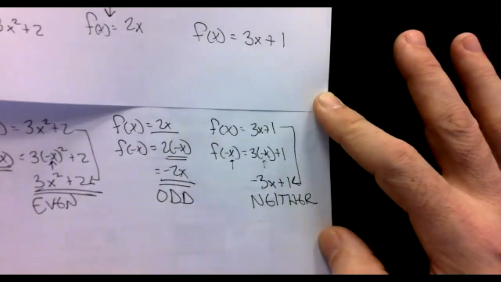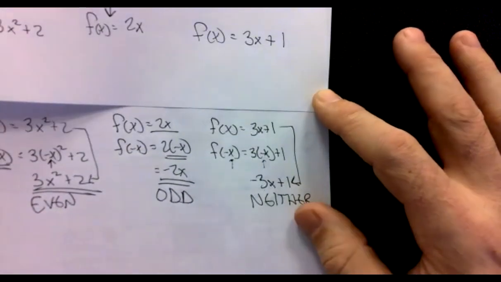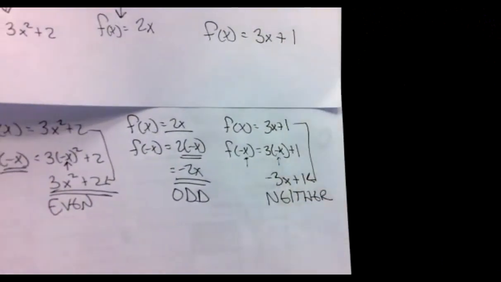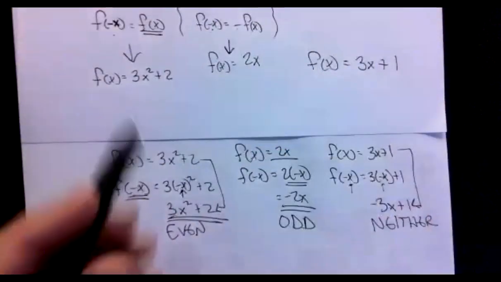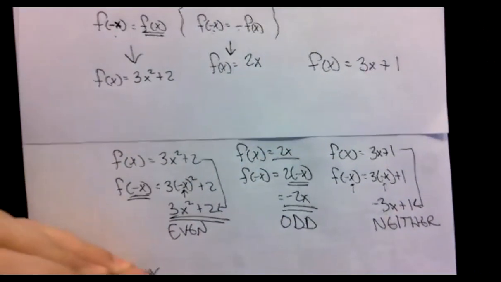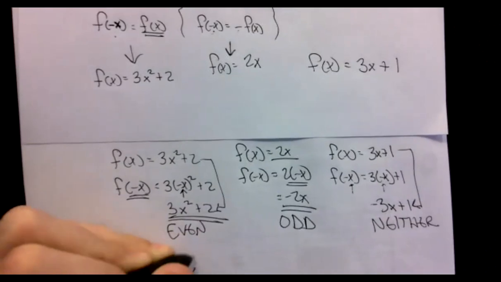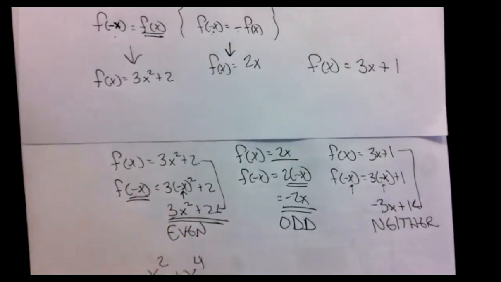So you're still plugging in negative x on the even one? Correct. The even one, again, requires all even powers of x. For odd and neither, you really just have to plug in and check.